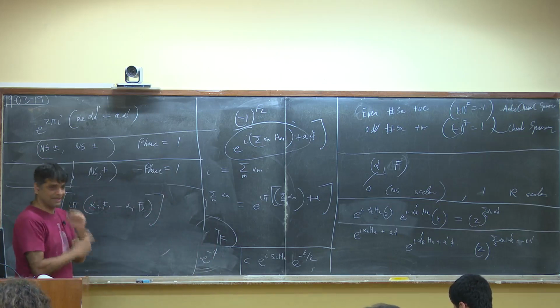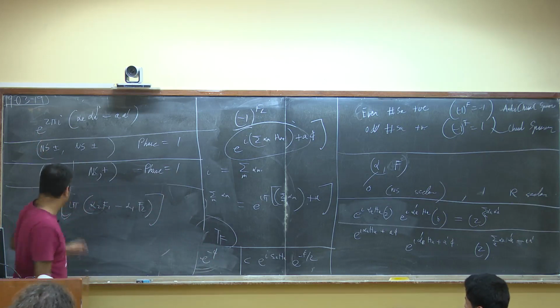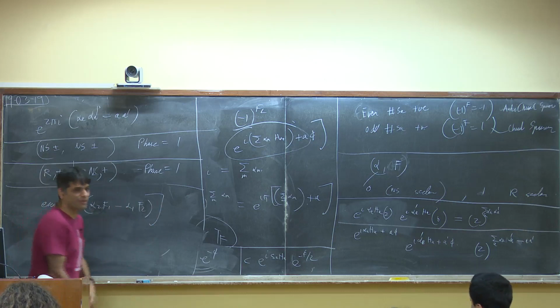So what have we checked so far? Firstly, anything where both of these are NS sector is always phase 1. That's clear because in this case both alpha 1 and alpha 2 are 0.